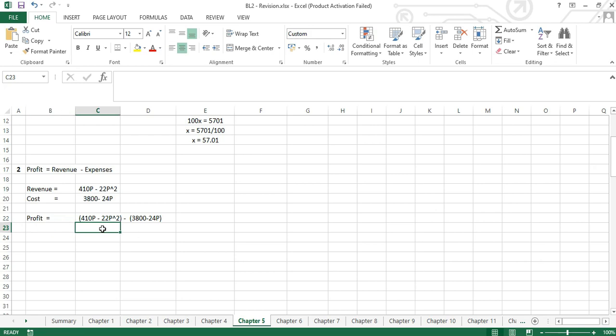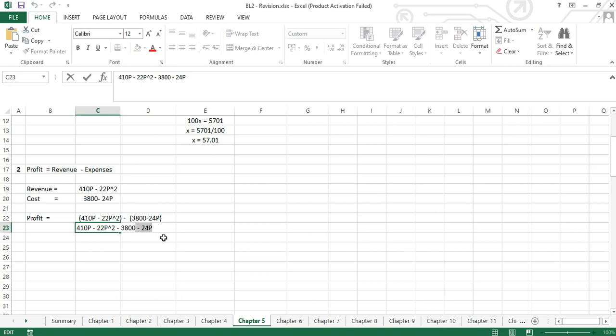So how you solve this further is, well, you could remove the bracket first. 410p minus 22p squared minus 3800 minus 24p. So you can combine 410p with 24p because they are of the same category, p.